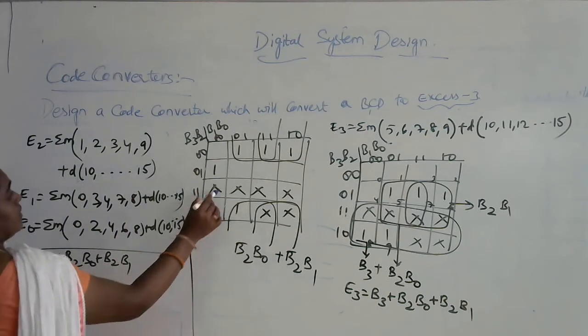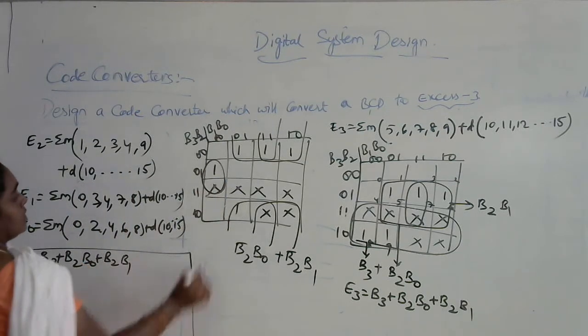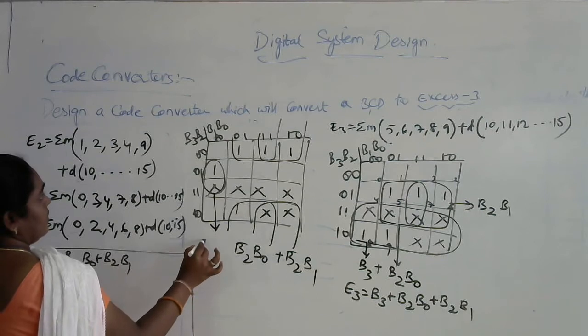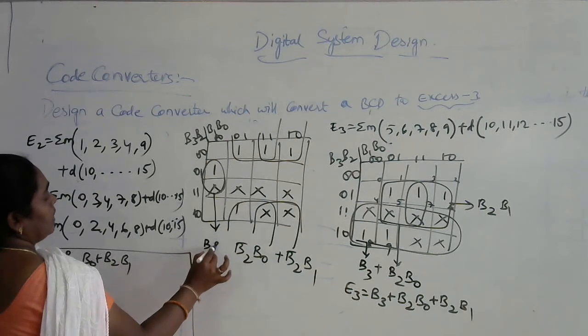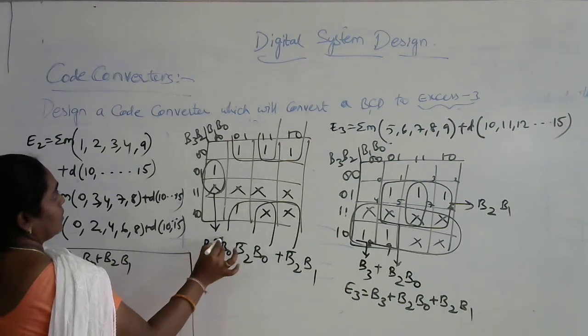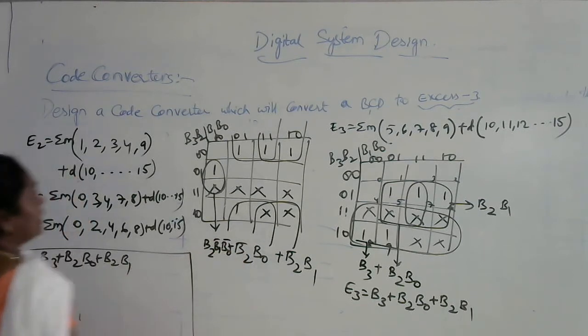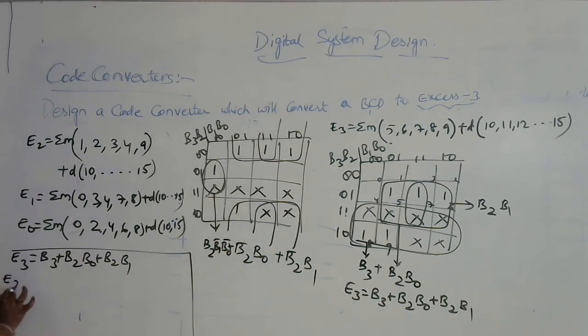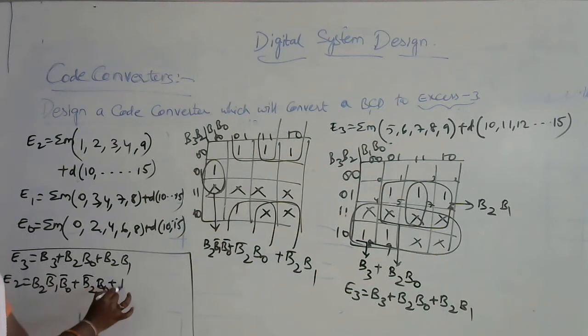As you have these two, you can make them an adjacent pair. The expression is B2 B1 bar B0 bar. So this is the overall expression for E2: B2 B1 bar B0 bar plus B2 bar B0 plus B2 bar B1.